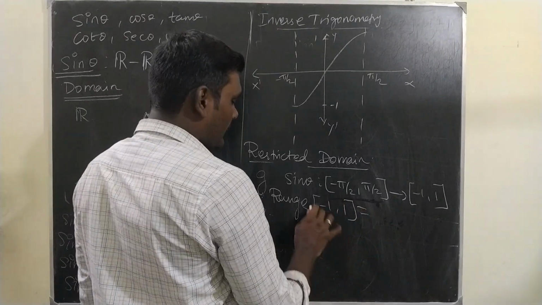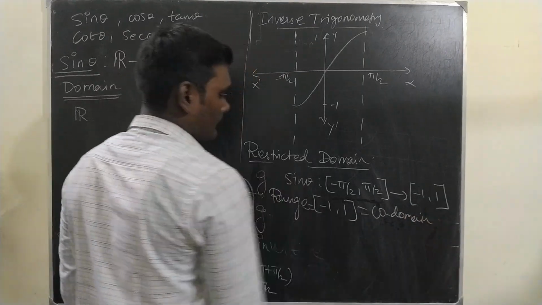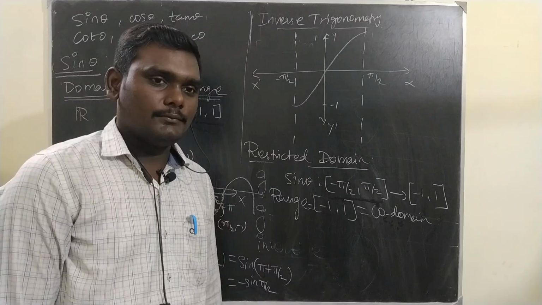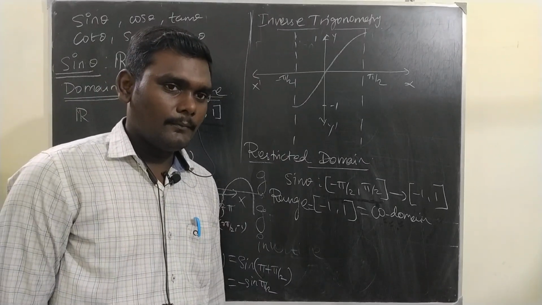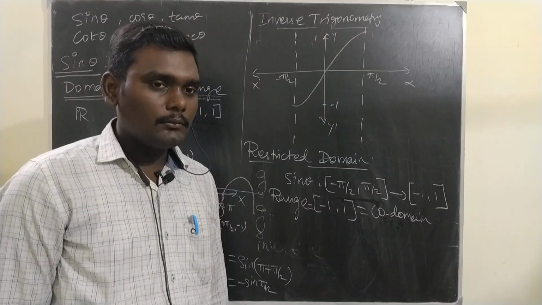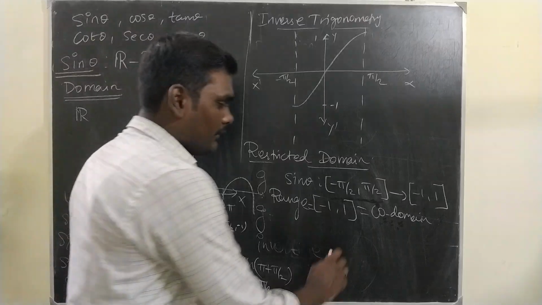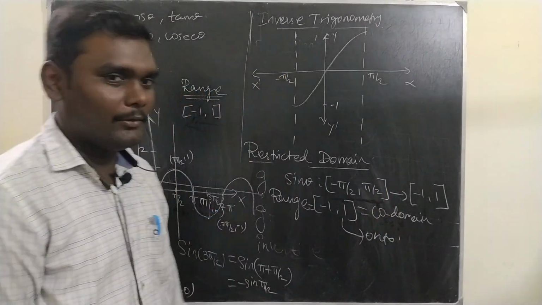That equals the codomain. When range becomes codomain, what does it give? One-to-one now. Onto, yes. This guy has become onto. Successful, way to go.